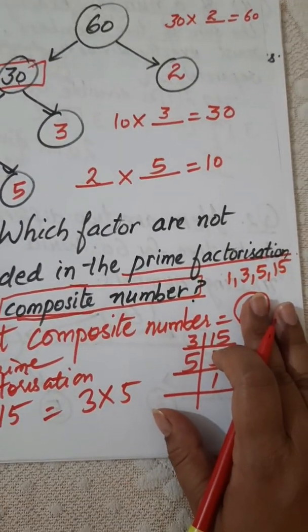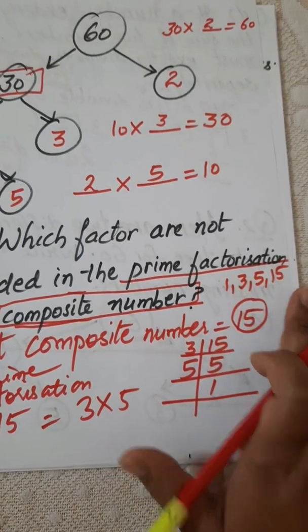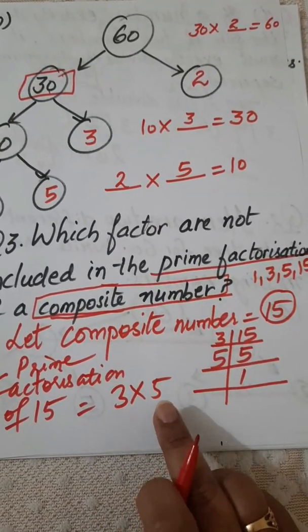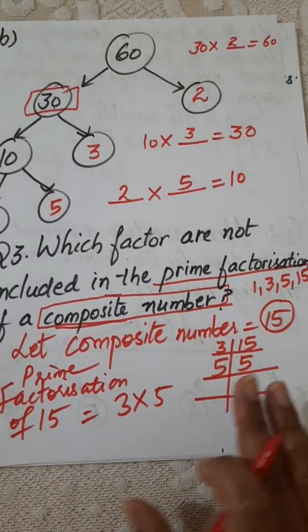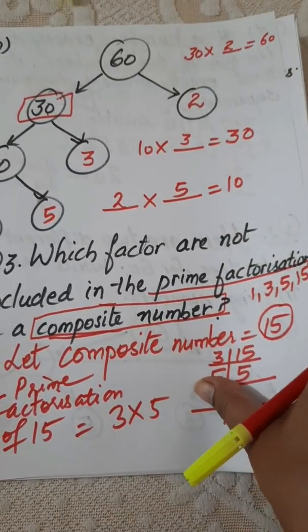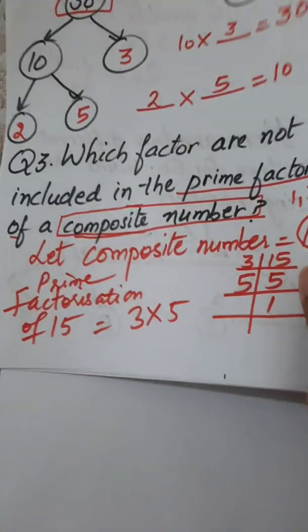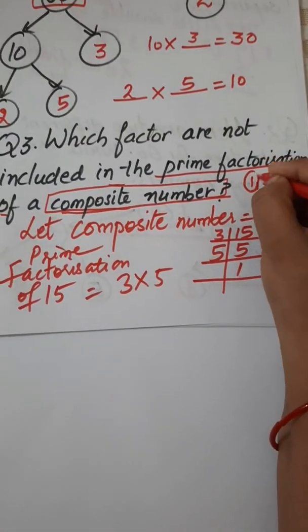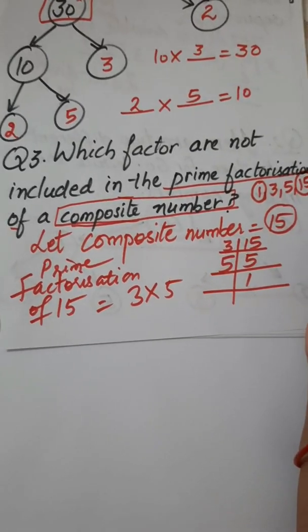So these are the factors. But prime factorization of 15 is 3 multiplied by 5. So which two factors are not included in the prime factorization of this composite number? That is 1 and the number itself, that is 15.